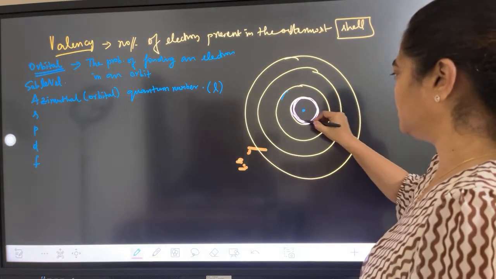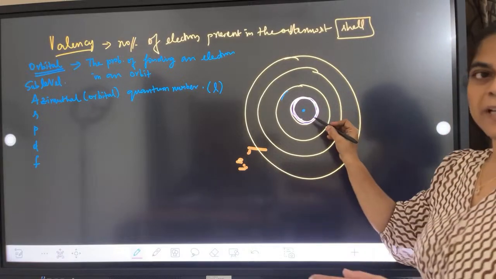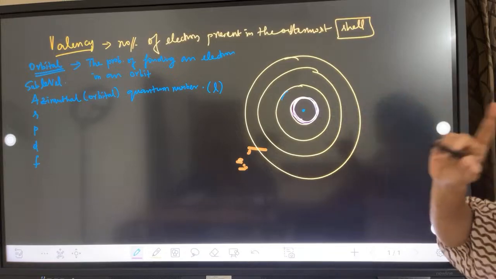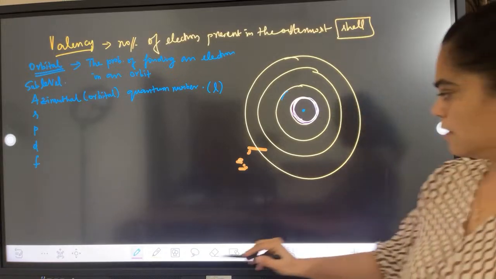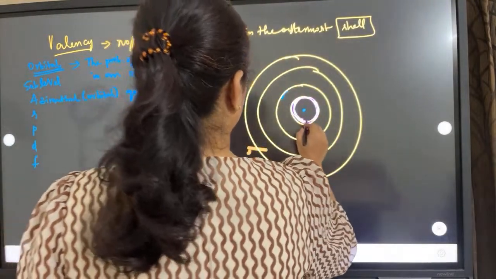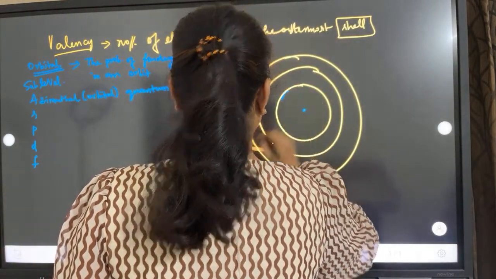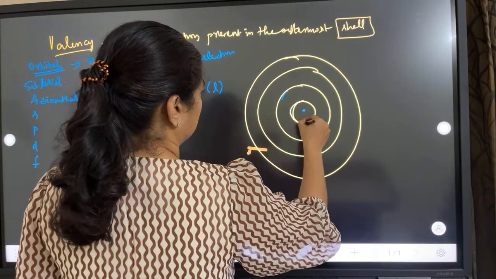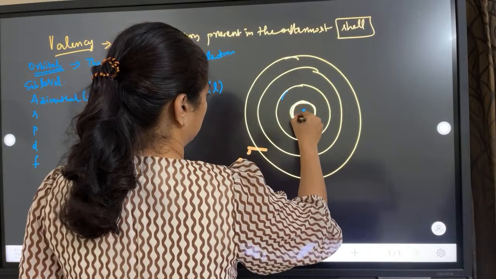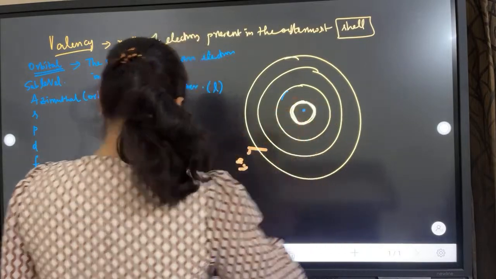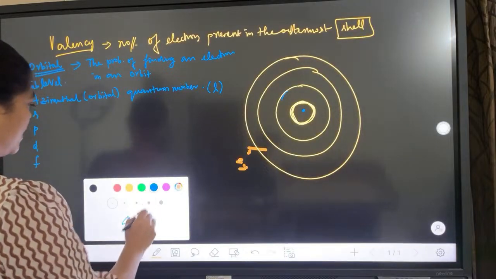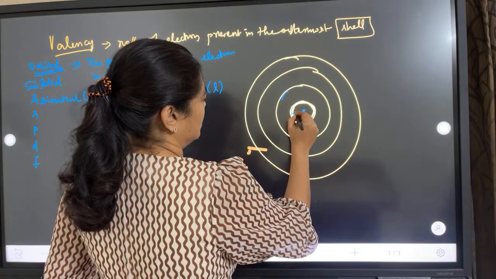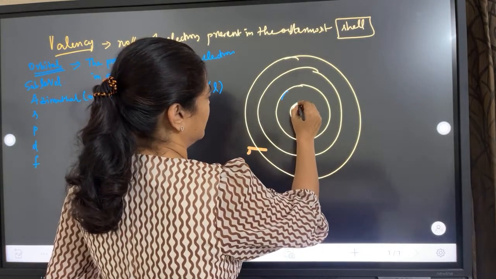In the first orbit, there is only one sublevel. That means how many electrons can be occupied? Two. One can be found in this particular level, another in this particular level.